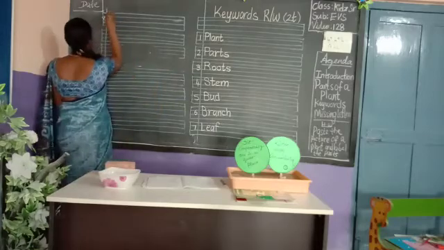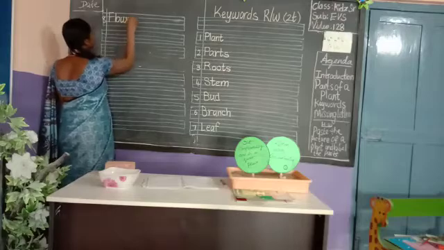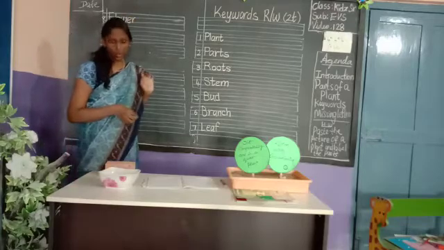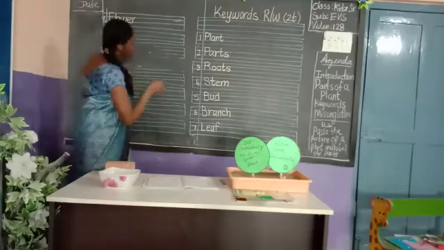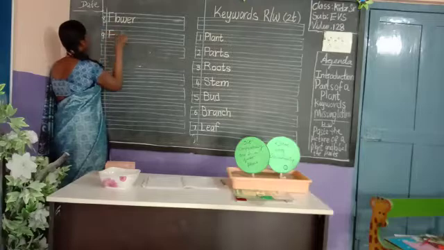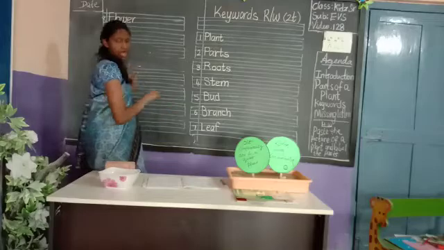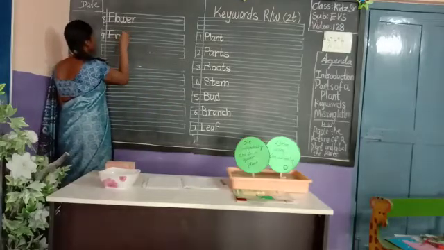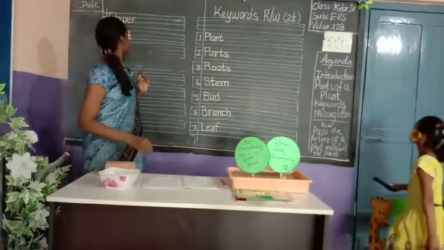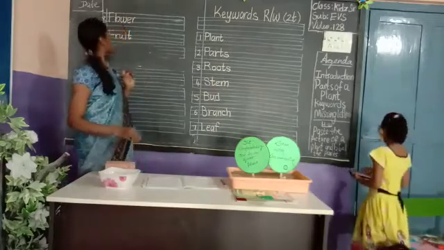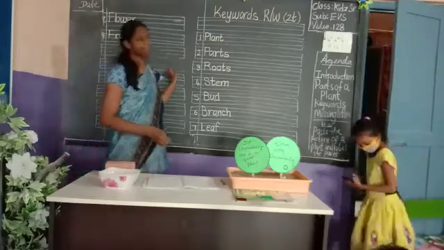F-L-O-W-E-R. Flower. Next one, fruit. F-R-U-I-T. Fruit. So, these are the parts of a plant.